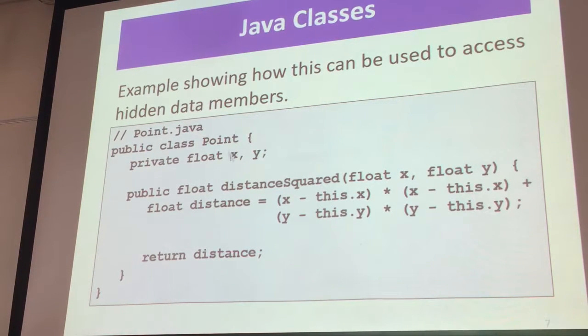As you can see here, we have two fields, X and Y, and then we pass X and Y again as arguments to the method distance squared. So, to distinguish between the field and the parameter, we use this, which is available in C++ as well, as you know, but the syntax is different. You have to use either the dereferenced this or the arrow, okay?